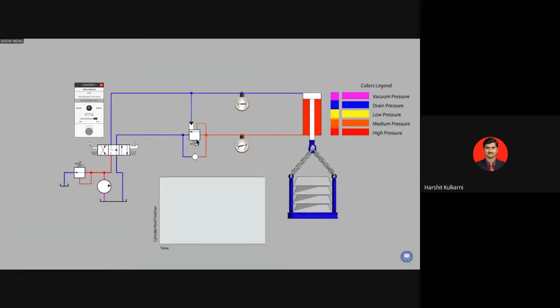When enough pressure is present on this internal pilot line, the poppet, represented by the arrow in the middle of the valve symbol, will be pushed towards the port connections, thereby allowing flow. When the spring is stronger, the poppet will be pushed towards the normally closed position once again.